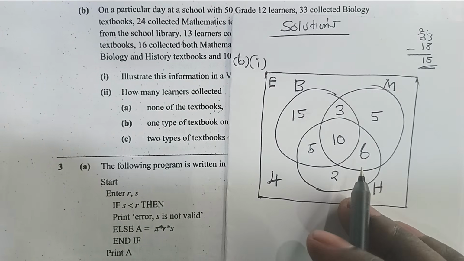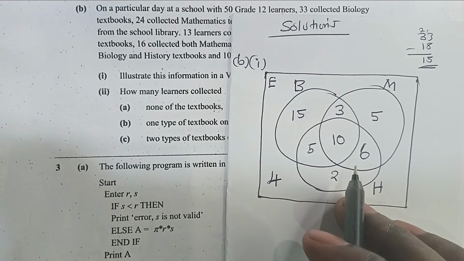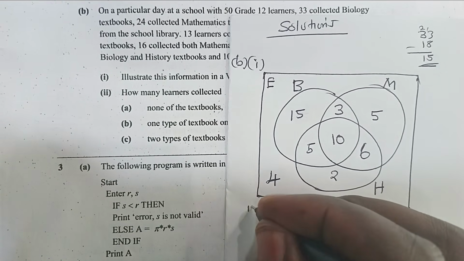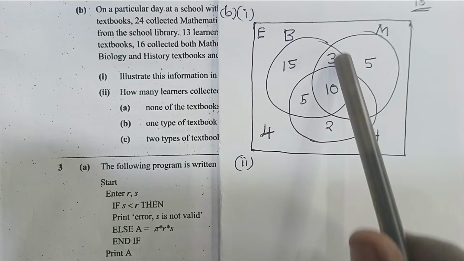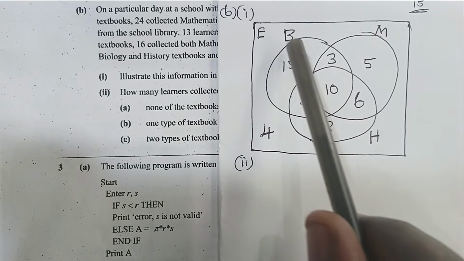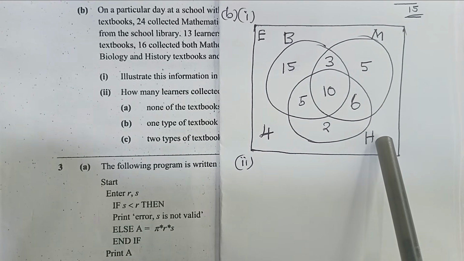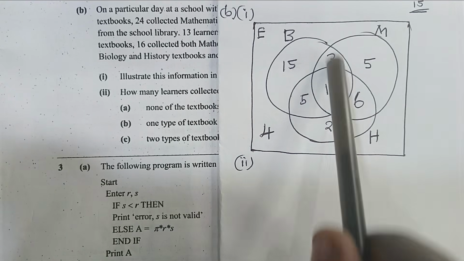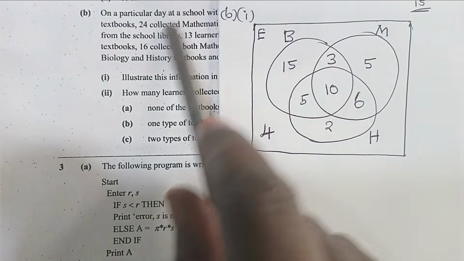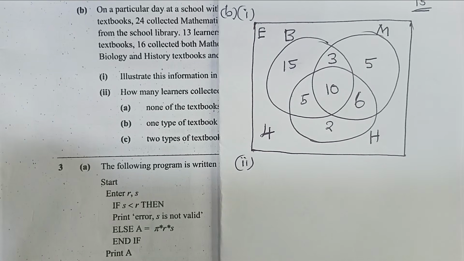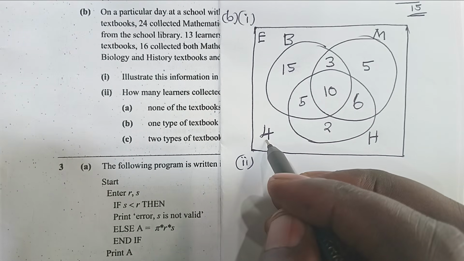None of the textbooks. So again, we understand that from the Venn diagram, all these in the sets for B, M, and H at least collected one of the textbooks that have been mentioned in the question, except for these 4, okay?